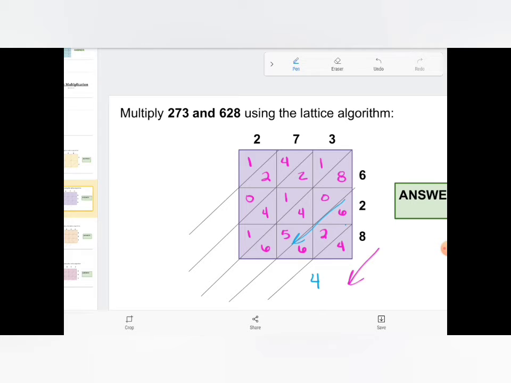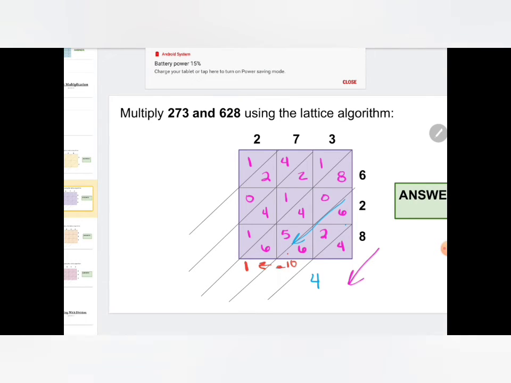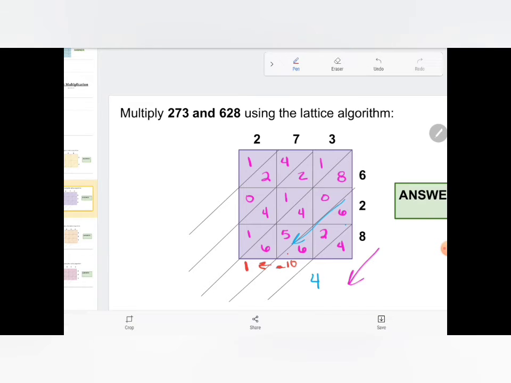So what we're going to do is we're going to take 10 out of that. And here, let's write that in red. We're going to take 10 out of our 14, and we're going to move it over here, and it's going to turn into 1. And that will be a new number to add to our next row.